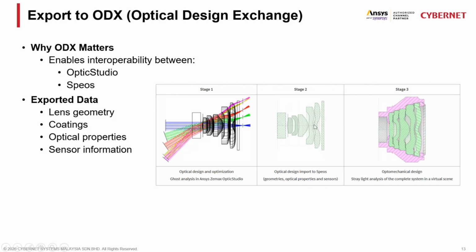After that, inside Speos, we can also import our mechanical parts. So the entire system will be the opto-mechanical design in Speos, and we can do the stray light analysis for the complete system in a virtual scene.